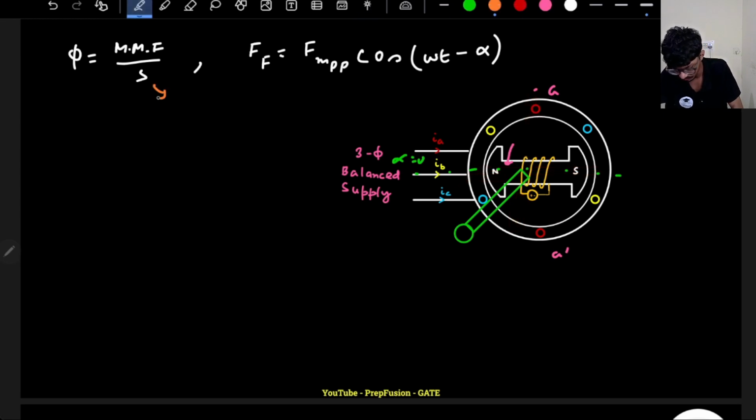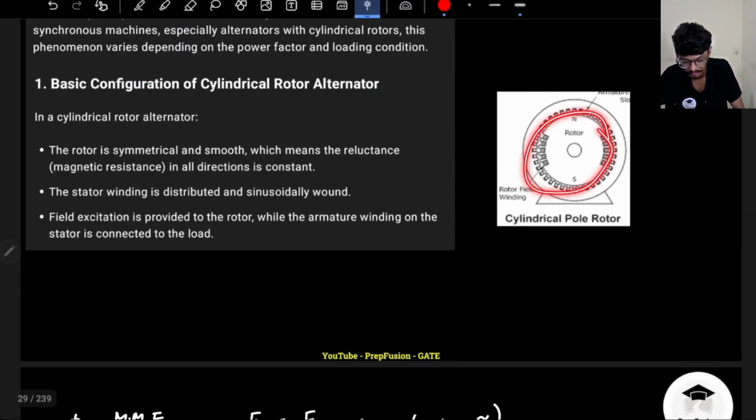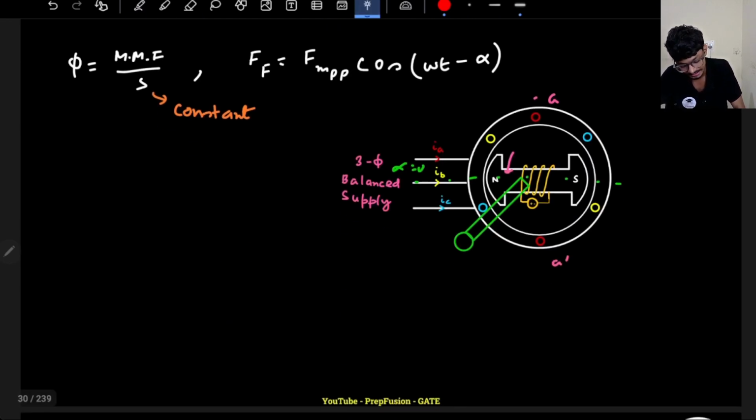But let us just for a second assume that the reluctance is constant, as for a cylindrical pole rotor. I have drawn it like a salient pole just to explain this, because here the north and south poles are easily represented. Okay, so I am at this point.